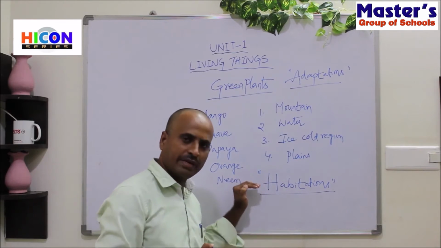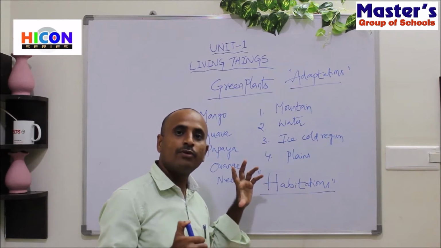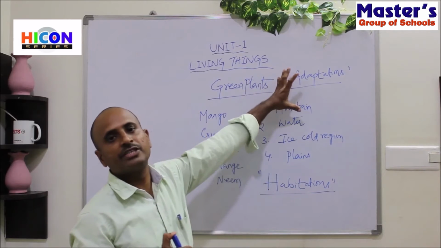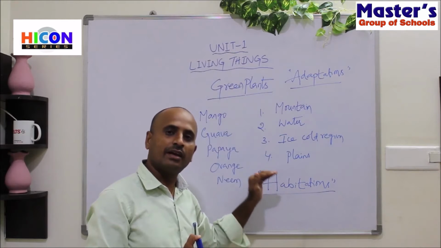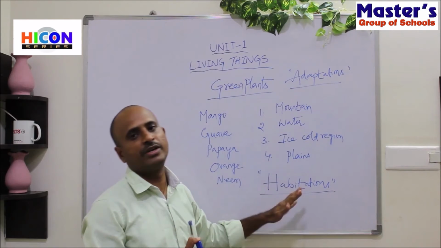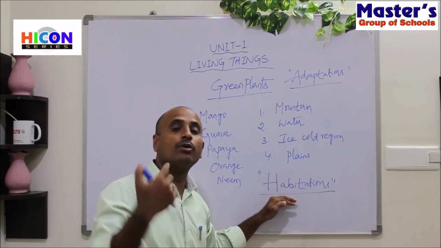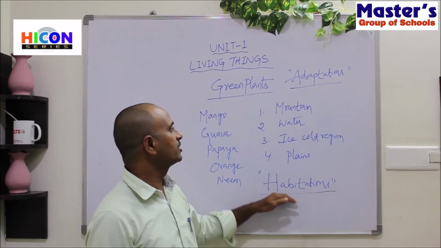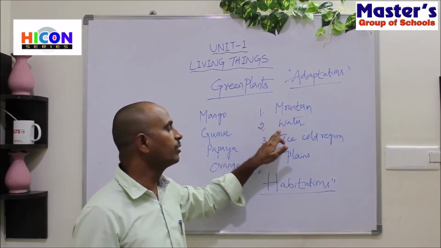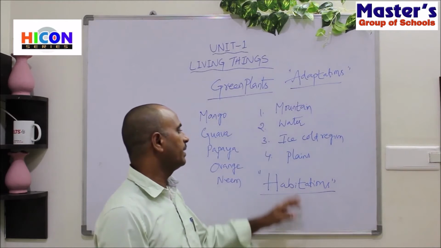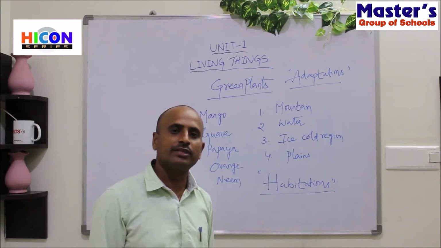In each habitation, the plants will have special adaptations to survive in the climatic and environmental conditions of that habitation. The plants growing in one habitation cannot grow in another habitation. For example, the plants of mountain habitation cannot grow in water habitations, and the plants growing in plains cannot grow in ice-cold region habitations.